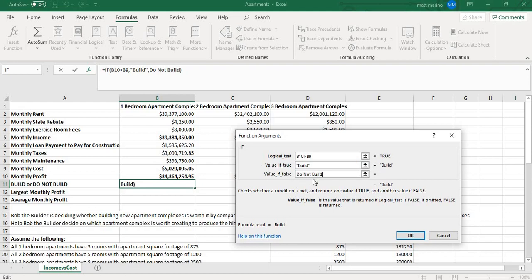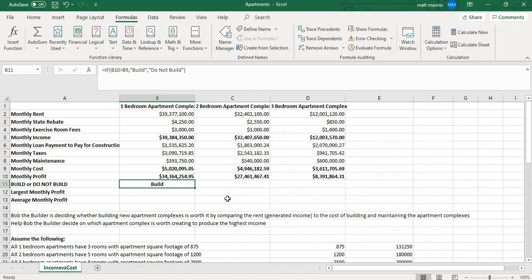You'll notice when you type in the function arguments, when you click the formula, you do not have to add the quotes. They populate for you when you click out of that specific area. I do this when I type it in to get you in the habit of doing that. Once you click OK, you'll notice build because the profit is greater than the cost.